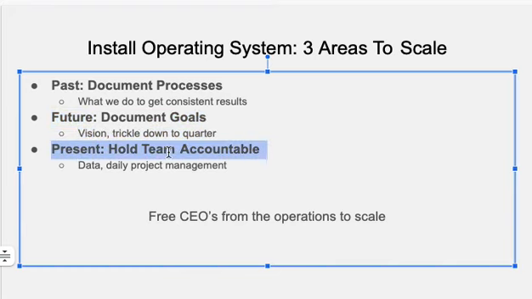Now you have a team that you can hold accountable to executing those things in the present, the day-to-day, and you can use data and you can use project management systems to do it. So that's how I help free CEOs from the day-to-day operations, is defining the past, defining and documenting the future, and then placing people to make sure that we hold the team accountable with our system.